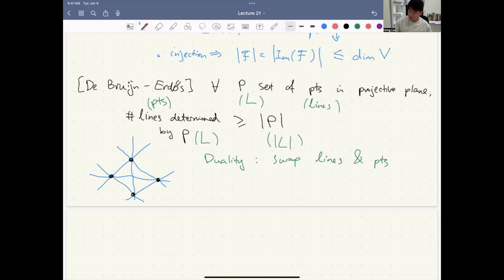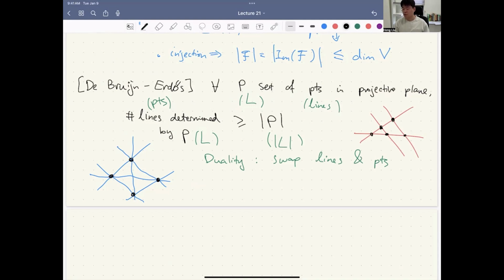So if you want a picture, you have some set of lines. And what do you mean by the set of points determined by lines? Here, the set of points determined by lines means every two lines in a projective plane intersect at exactly 1 point. Remember? So you take the points, the intersections of two lines.